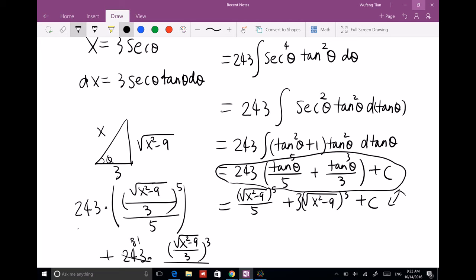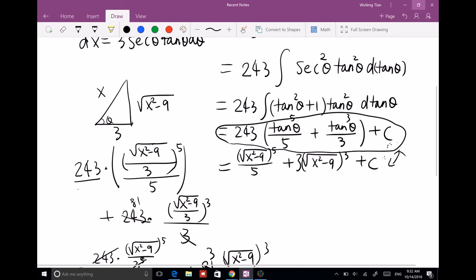It depends on how many points it has. Okay, like 20% from here to here if you got it wrong. If you just write like this, 243 the whole thing, and you don't simplify, I will just mark off 1 point. Okay.